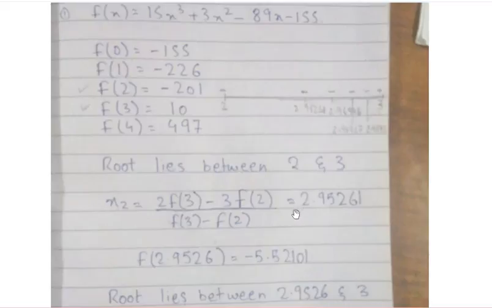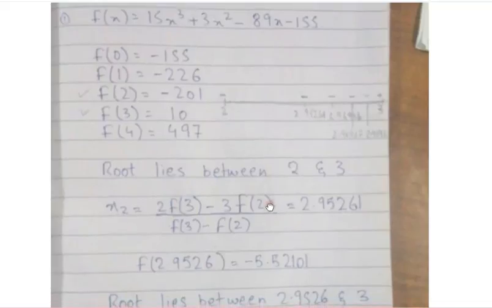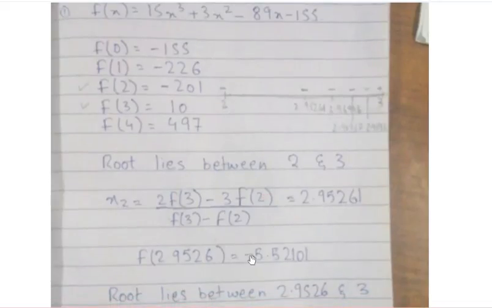So we write the answer of x, which we obtained, as x2 on the real line here, but we don't write the answer which we obtained by putting the value of x into the equation. We just do this to know whether it is positive or negative, as I told you, because the root lies between a negative and a positive value.